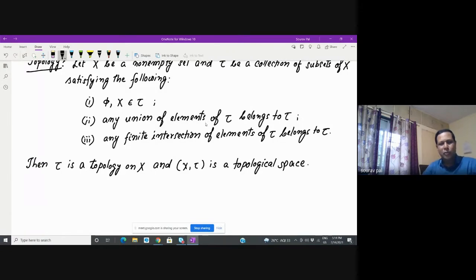Given two topologies on X, when do we call one smaller or weaker than the other? This is just a note.